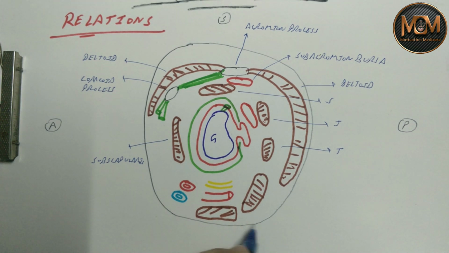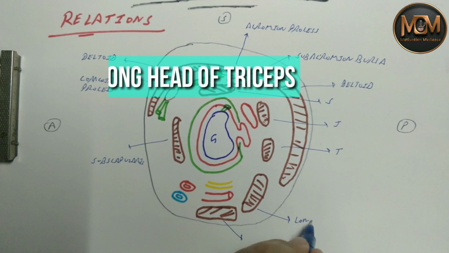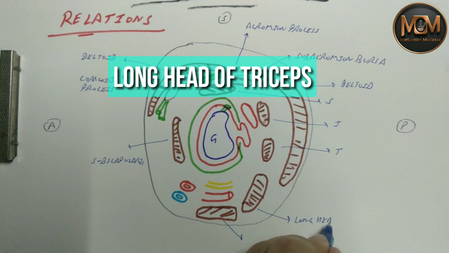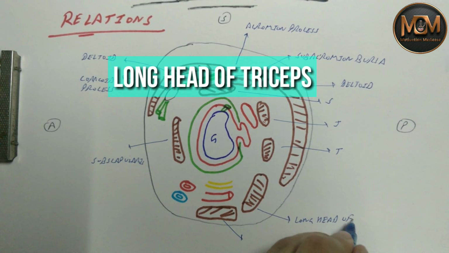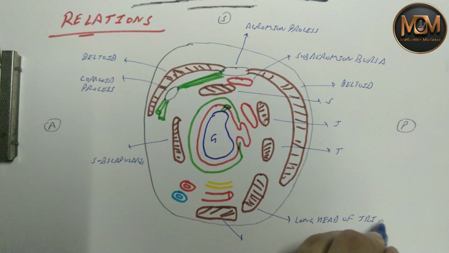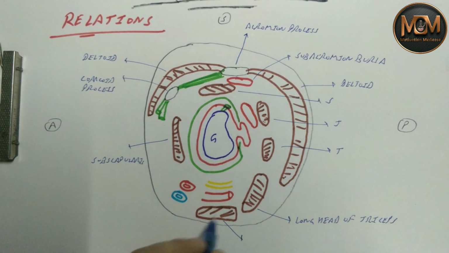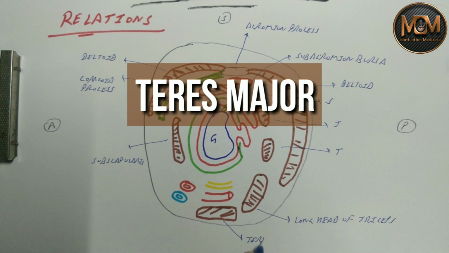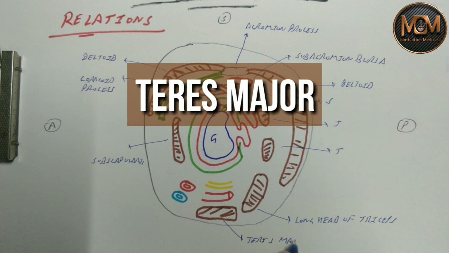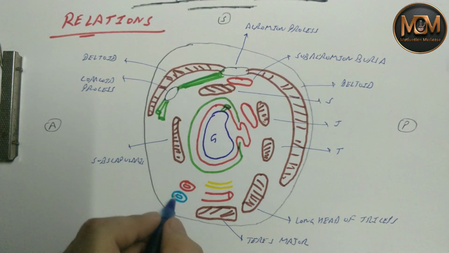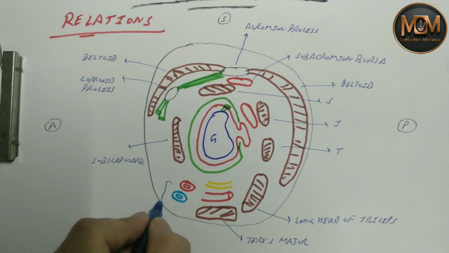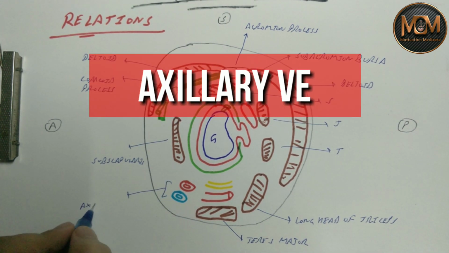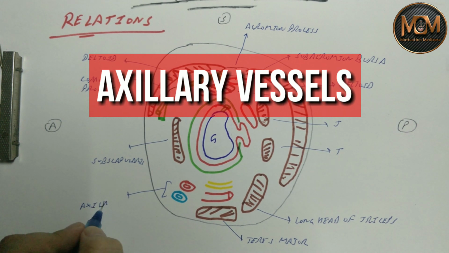And these two muscles, this is long head of triceps. And this muscle is going to be teres major. And the arteries and the vessels, these are the axillary vessels.